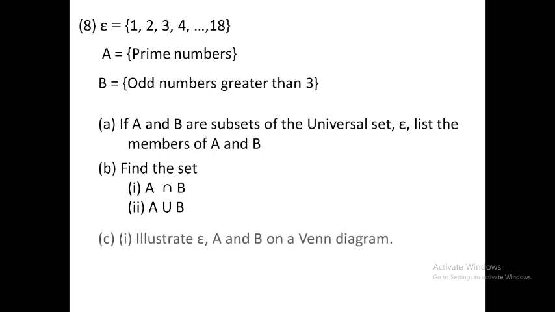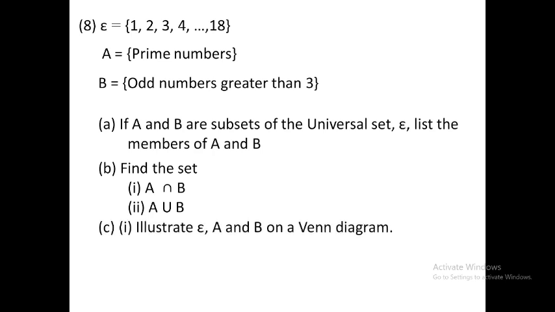C says we should illustrate the universal set, the A and B on the Venn diagram. Please do that too. When we finish, we compare our answers.